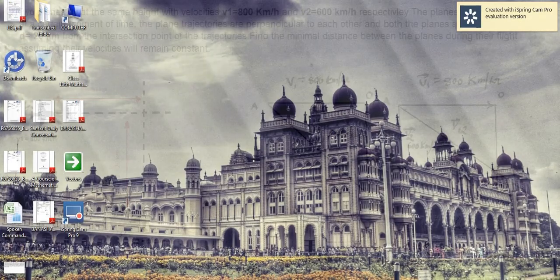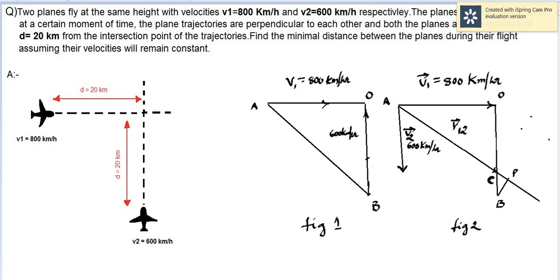So, the second figure shows the velocity diagram here. How do we find this? We are trying to analyze the motion of the first plane with reference to the second one. As we know, the velocity of plane number 1 with respect to 2 is given by velocity of plane number 1 minus velocity of plane number 2.